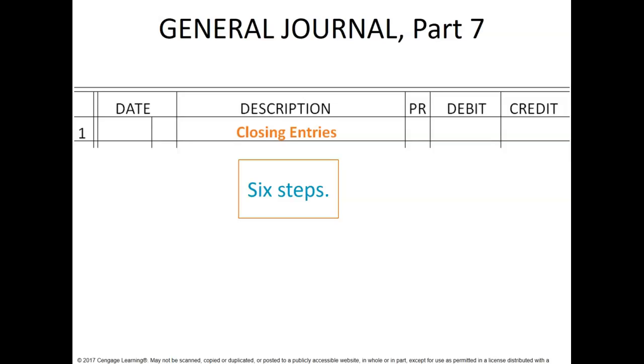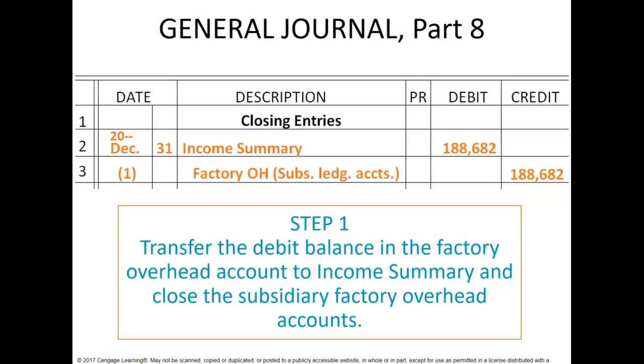And now we get to our closing entries where we have 6 steps. So we're going to take the debit balance from the factory overhead account to the income summary account so we can close that out, because we're going to have more overhead at the next accounting period.